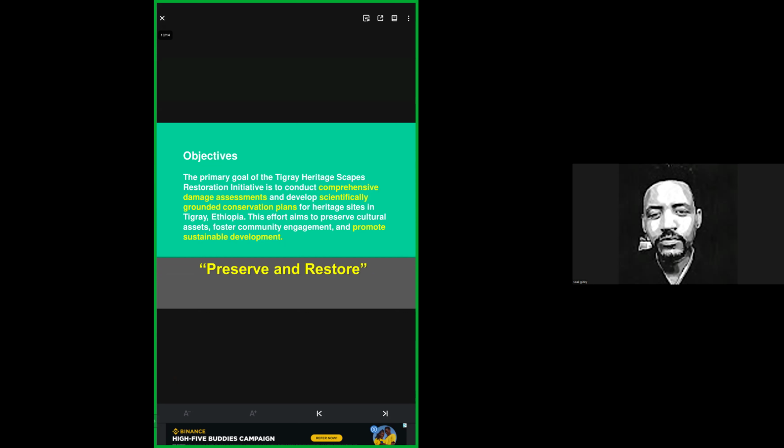When we go to the objectives, the primary goal of the Tigray HeritageScapes will be comprehensive damage assessment and developing scientifically grounded conservation plans. Efforts aim to preserve cultural assets, foster community engagement, and promote sustainable development. The main goal of the objective will be to preserve and restore by making decisions for future generations, by assessing the current damage and giving a solution for the currently ruined residence.